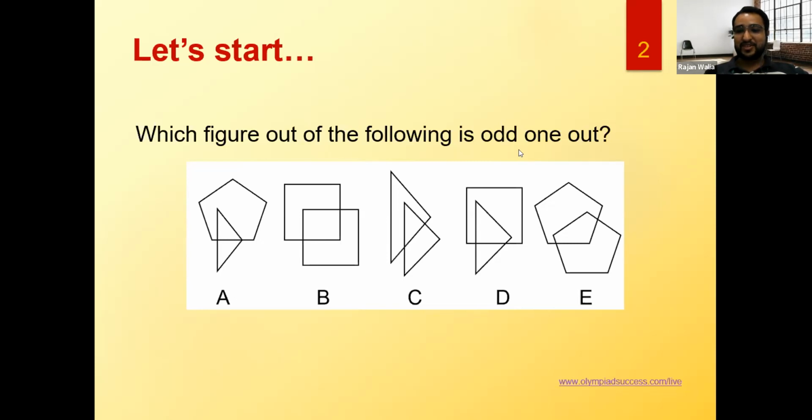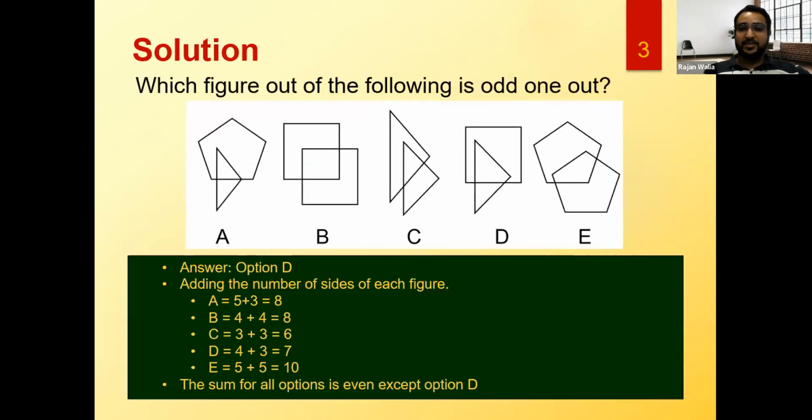No? Okay, no problem. Let's see the answer. The correct option is D. Why is it option D? If we add the number of sides of each figure: for option A, the sum is 5 plus 3, equal to 8.